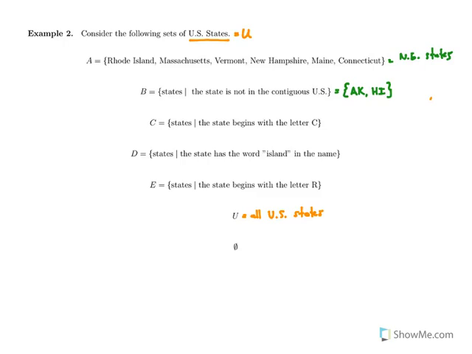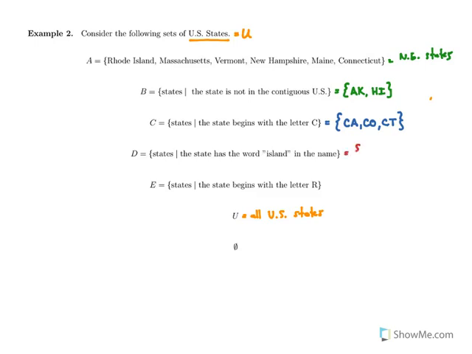The next set is the states such that the state begins with the letter C. So there are 3 states in there. There is California, Colorado, and Connecticut. D, the states such that the state has the word island in the name.